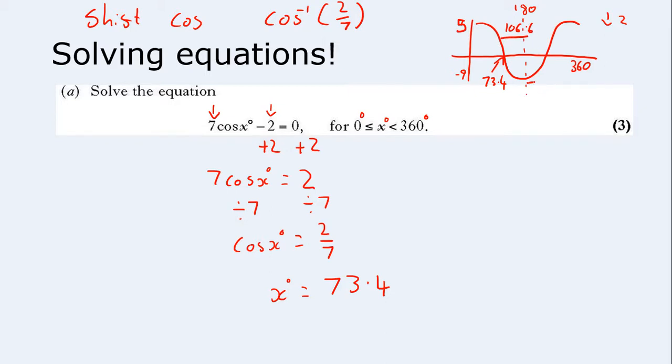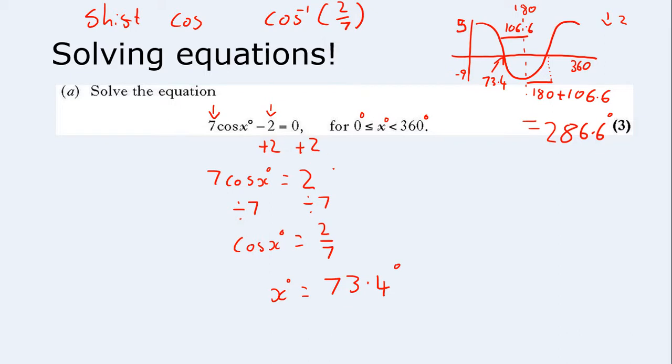So this distance is going to be 180 plus 106.6. It's just the symmetry of it. This distance is 106.6, so this distance is 106.6. So if I just quickly do that, that's going to be 286.6 degrees, strictly. Okay, so I hope we're happy with that.